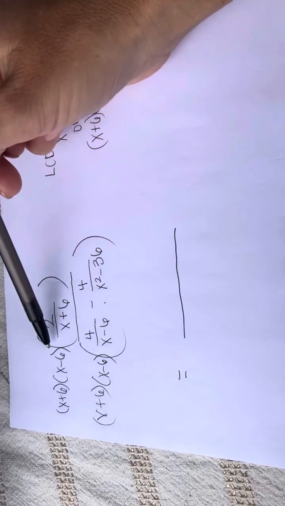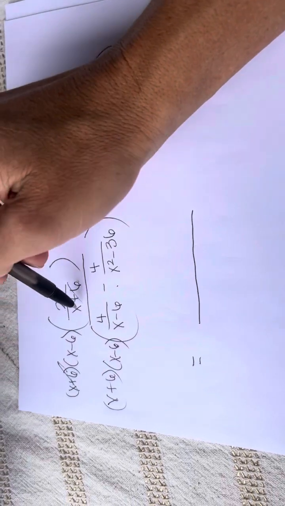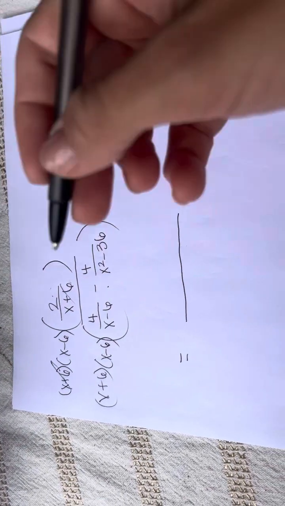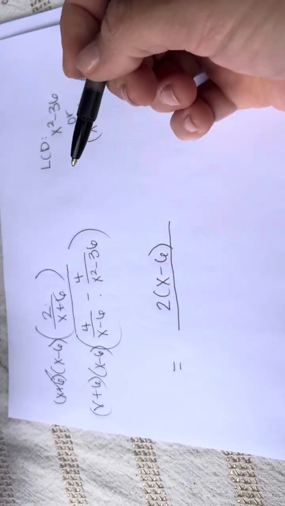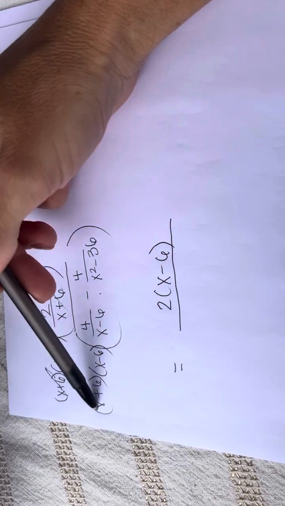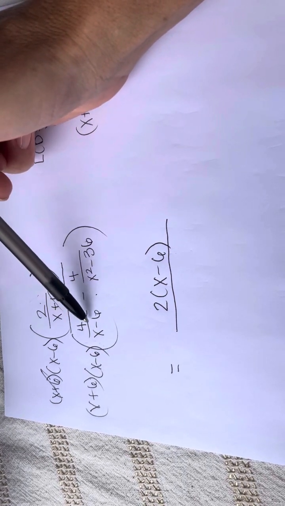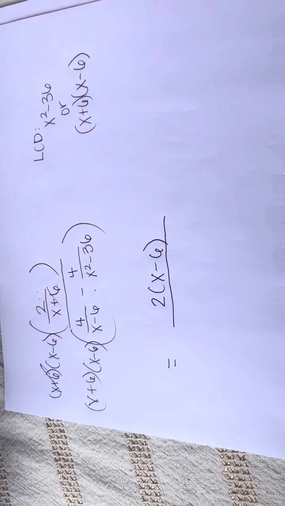So when I multiply this times this fraction, those x plus 6's will cancel, and you're just going to have 2 times that x minus 6. All right, and then here, when I multiply this by the 4 over x minus 6, the x minus 6's will cancel, and you have 4 times x plus 6.